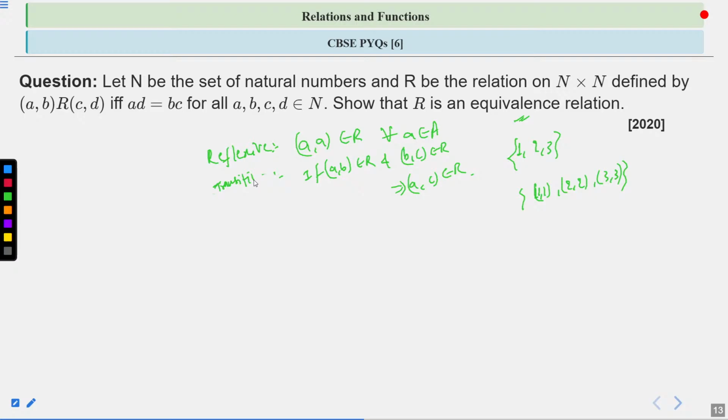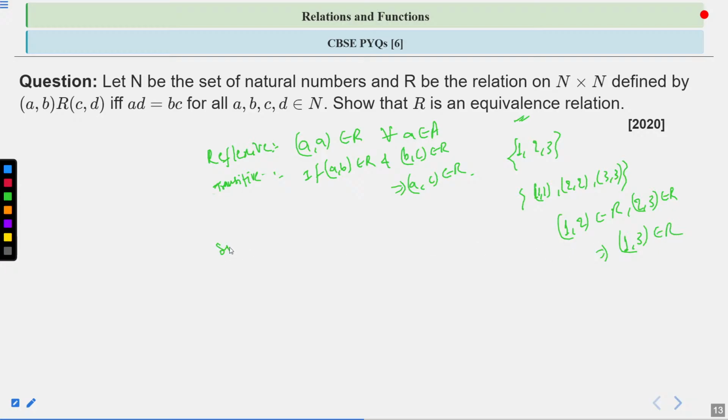That is, if (1, 2) belongs to R and suppose (2, 3) belongs to R, this implies (1, 3) must belong to R for the relation to become transitive.